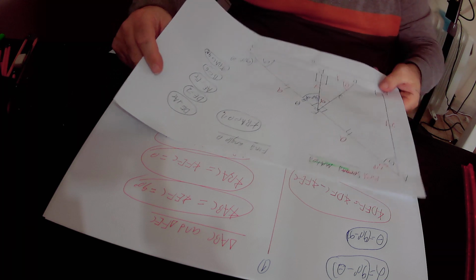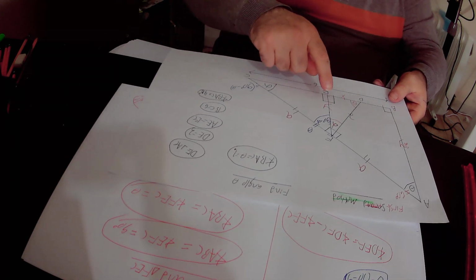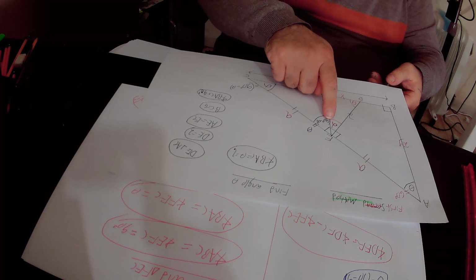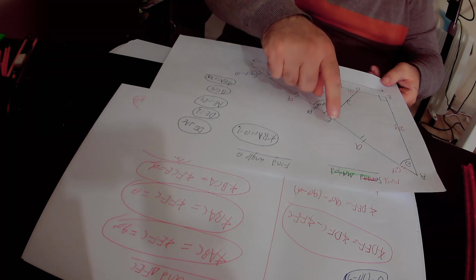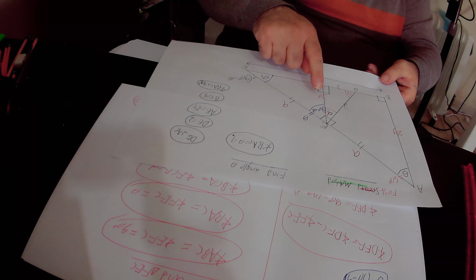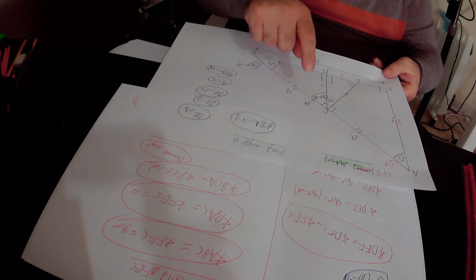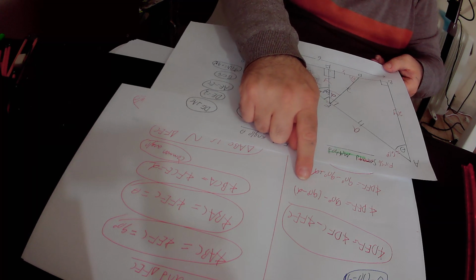So here, angle DEC is a right angle, according to what is given in the question. It is equal to 90 degrees, minus the size of this angle, that is 90 degrees minus alpha. So it is 90 degrees minus, in brackets, 90 degrees minus alpha.